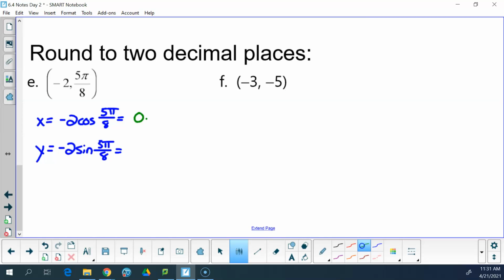Two decimal places, 7.7 and 8.5. Yes? No?